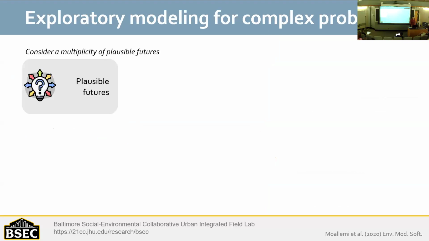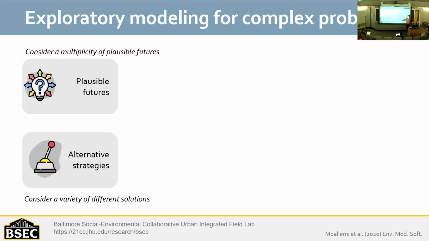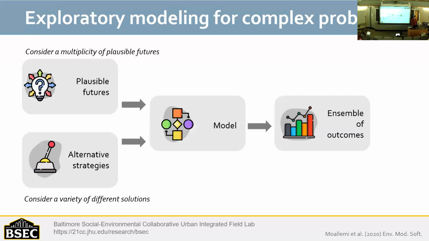Okay, so what does this look like practically? What it looks like is that we want to consider a multiplicity of plausible futures, so a large number of plausible futures. We also want to consider a large number of potential solutions. And we typically combine them in some sort of model, a representation of a system, to create an ensemble of outcomes, so a large number of potential outcomes.